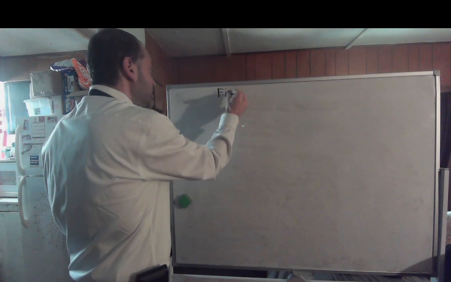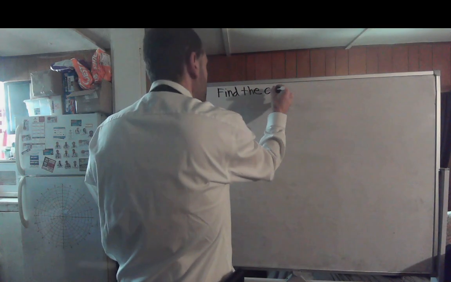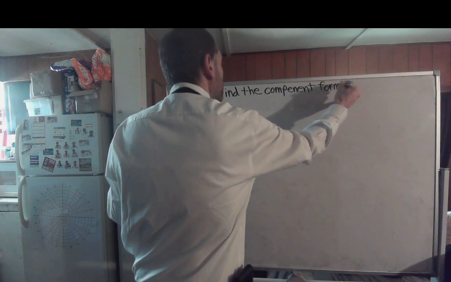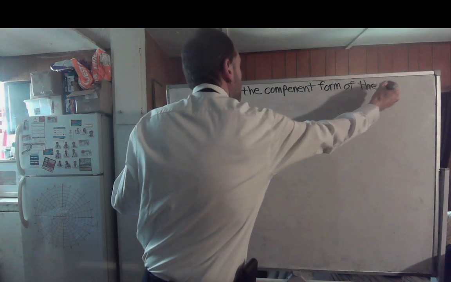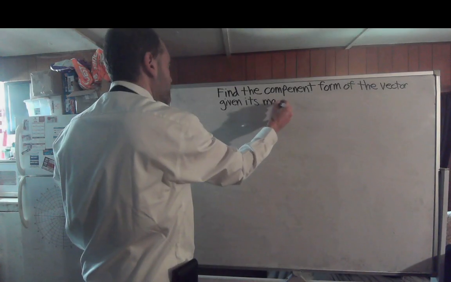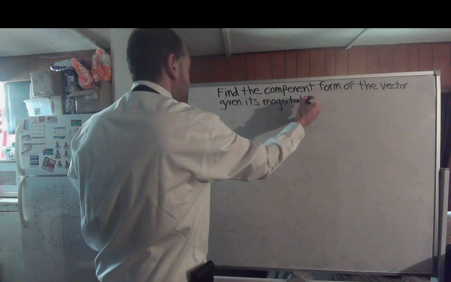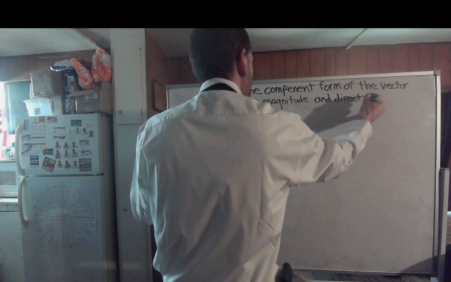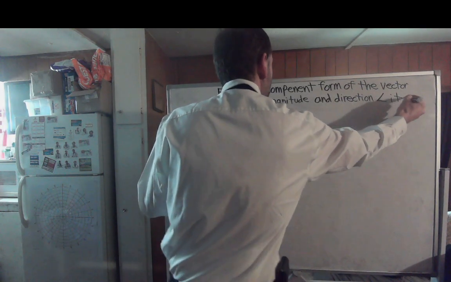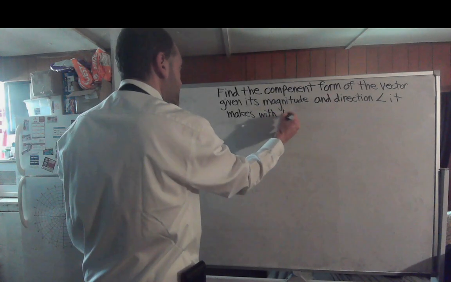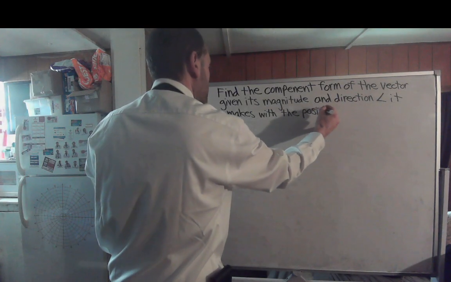So find the component form of the vector given its magnitude and direction angle it makes with the positive x-axis.